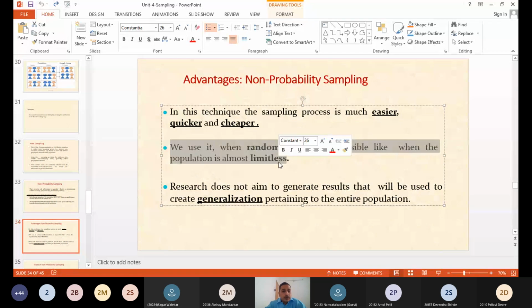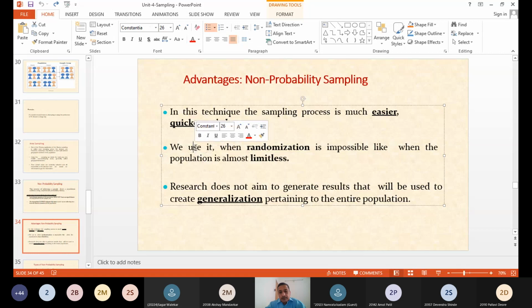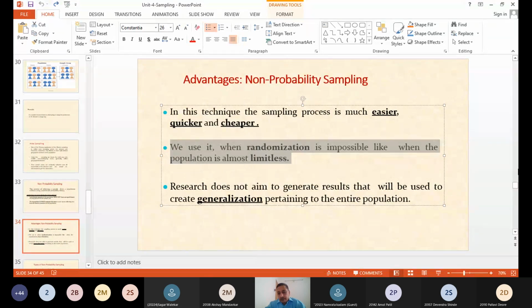Thereafter, randomization is impossible when the population is almost limitless. So primarily these methods are useful when the population is limitless. When we do not know the exact population of the particular individuals or respondents for a particular survey, we can use this type of non-probability sample.